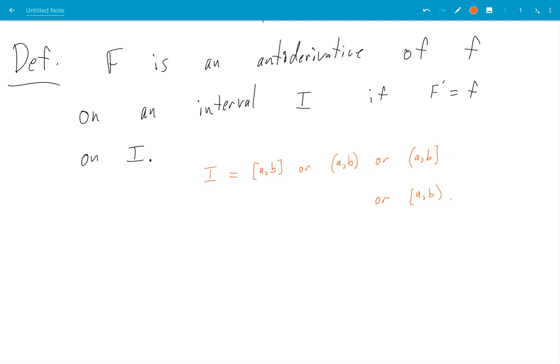Like so. This could be A or B. Let's say in this case, B could be infinity here, and A could be minus infinity. Okay, so those possibilities are not excluded.